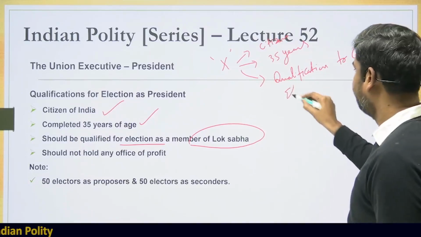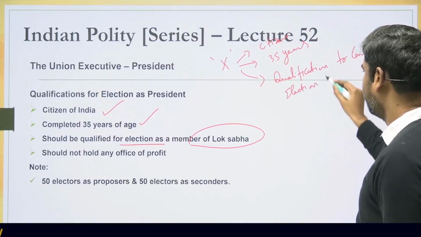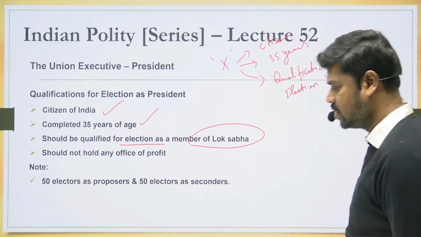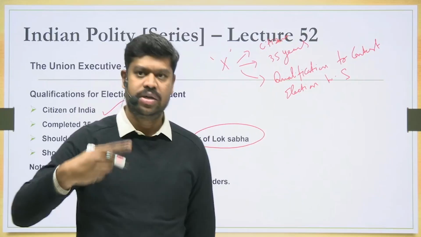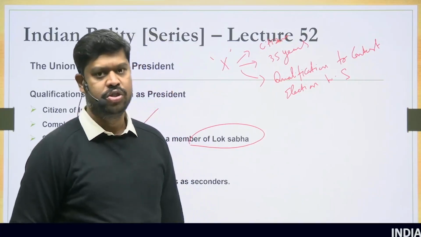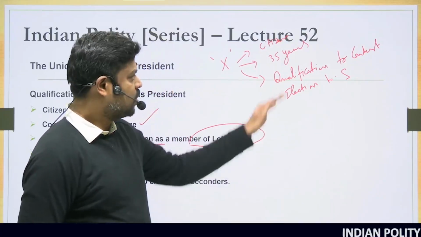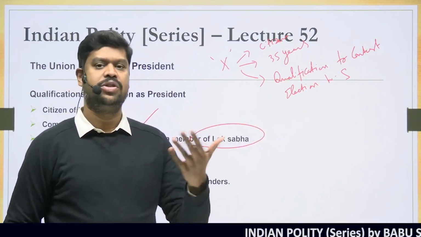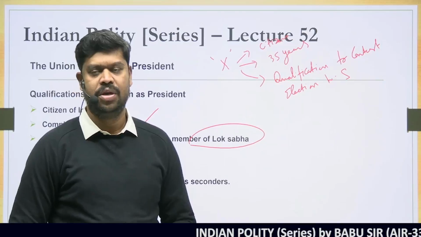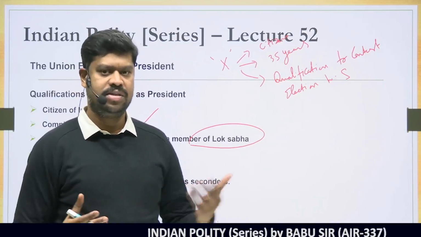That is, he is qualified to contest election to Lok Sabha. He may contest election or he may not contest election. That's a different thing. But he or she should have the qualification to contest election to the Lok Sabha. That is what the Constitution says. Now, for that particular matter, what are the qualifications one should have to contest election to the Lok Sabha? That's the next question. Unless we understand these things, it will not be very clear.